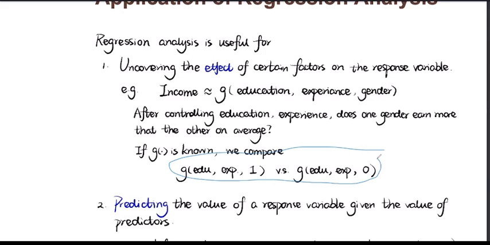Okay, if you take a look at this now, I'm comparing the income of male and female, taking into consideration their years of education and experience. Who doesn't understand what I circled? It's like I'm having 2 different functions.